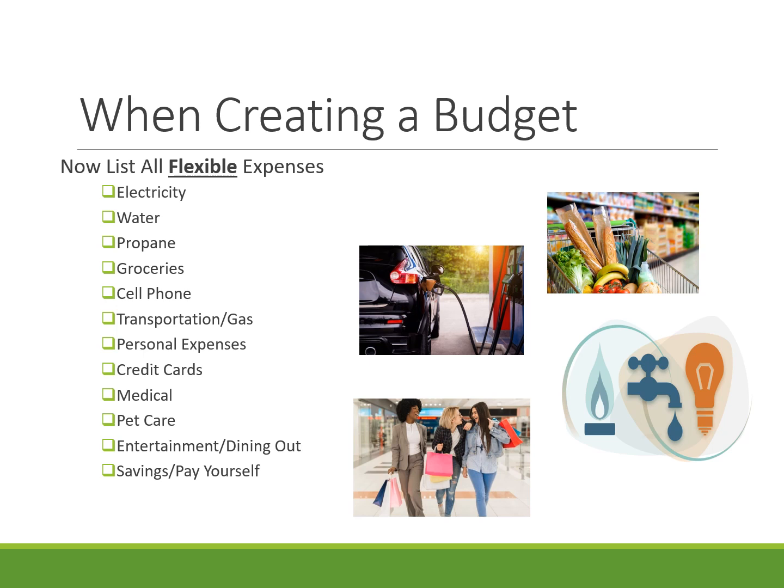We all know that groceries, especially right now, seem to be getting higher, so that's definitely a flexible expense. If you don't have a prepaid cell phone, then your cell phone charges can change. And any charges for things like transportation and gas, personal expenses, pet care, and any entertainment is another flexible expense.